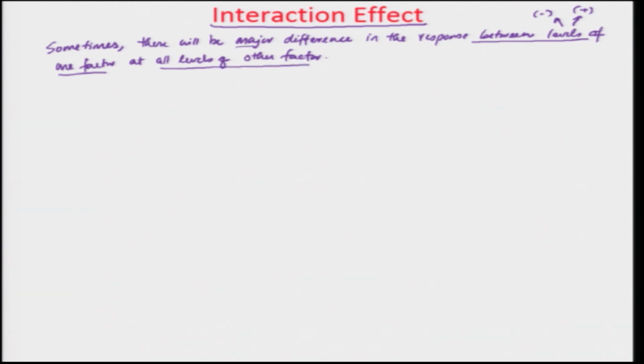This major difference is known as the interaction effect between factors. So, this major difference in the responses between levels of one factor is what we call the interaction effect.